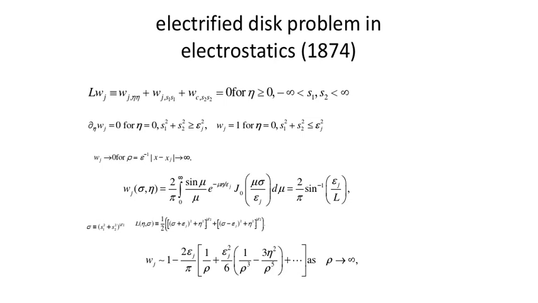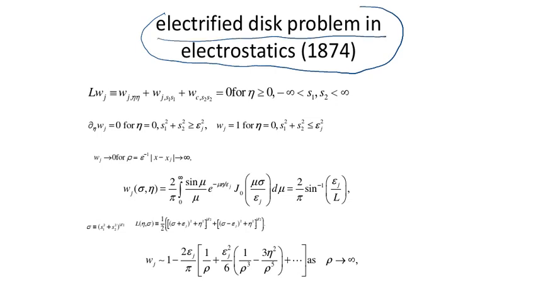For this, I need to tell you what has been known for more than 100 years. This is the solution of the classical electrified disk problem. So suppose you have again the Laplace equation on half of the space. This is one line, this is the boundary.